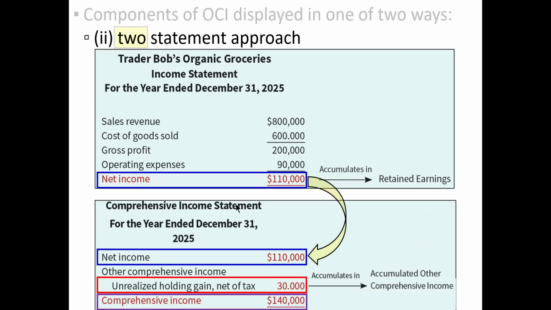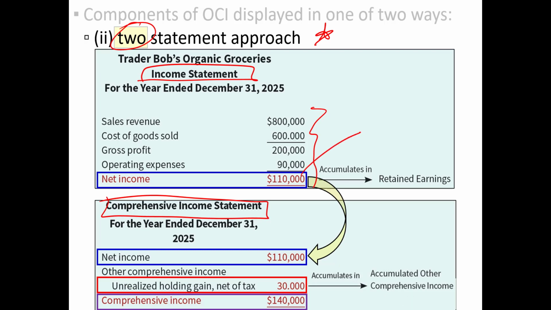That's one way of reporting it, but most companies prefer the two-statement approach. They like to have a specific income statement separated from a comprehensive income statement because this is what investors are used to seeing. This is net income. This is what's used to calculate earnings per share. We know that this ultimately goes inside retained earnings. What's this other statement that you see on the next page?